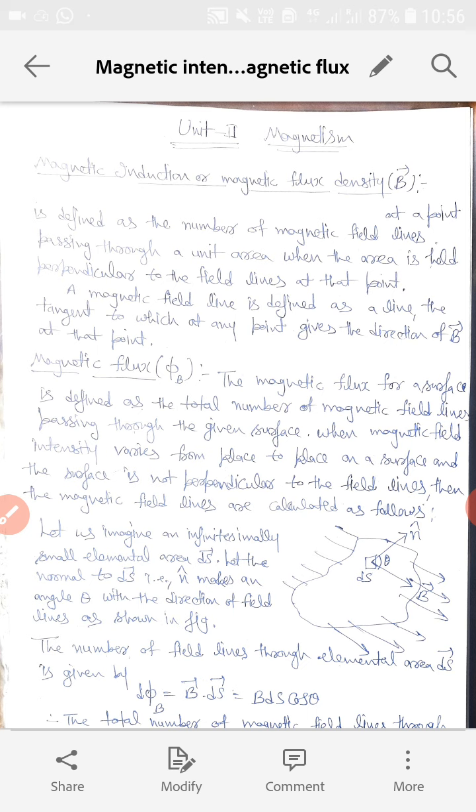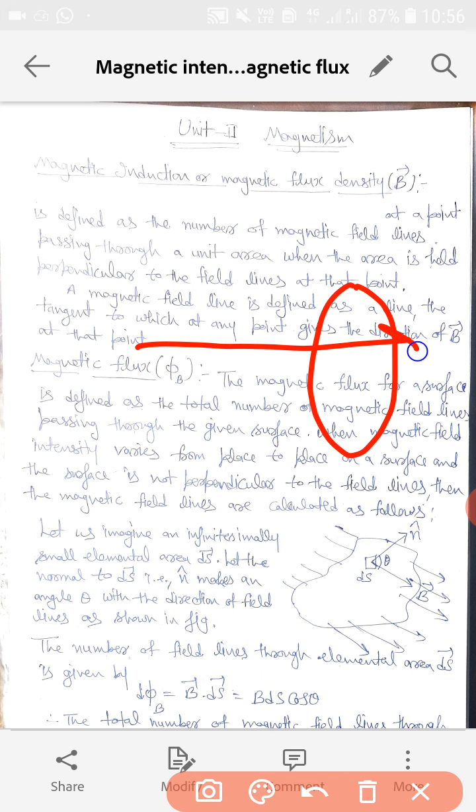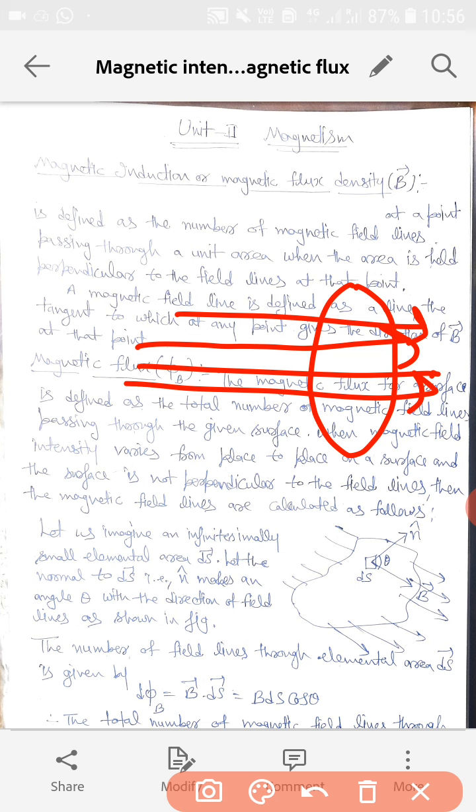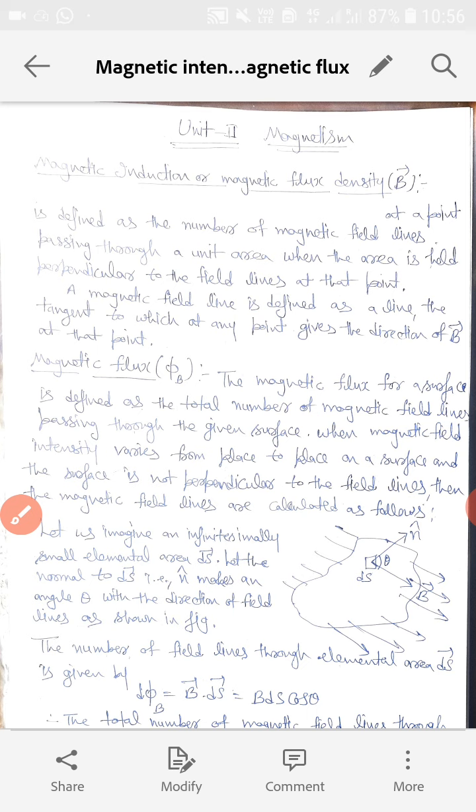If we have any area perpendicular to the magnetic field lines, like this, and this is held perpendicular to the field lines crossing it, then the number of field lines crossing this unit area will give us the magnetic induction or magnetic field intensity at that particular point. Okay, so the next term is magnetic flux.